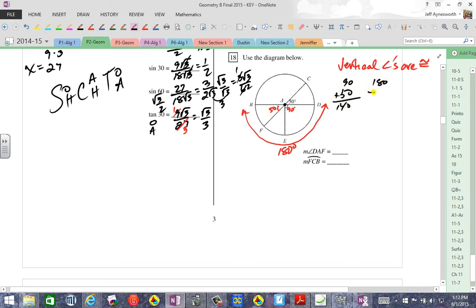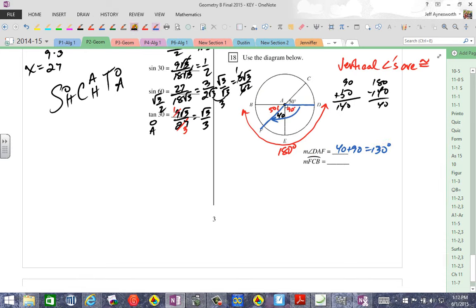So 180 minus 140 is 40. So this angle here in the middle is 40 degrees. So angle DAF, here it is right here, D to A to F, this one. So it's 40 plus 90, or 130 degrees.